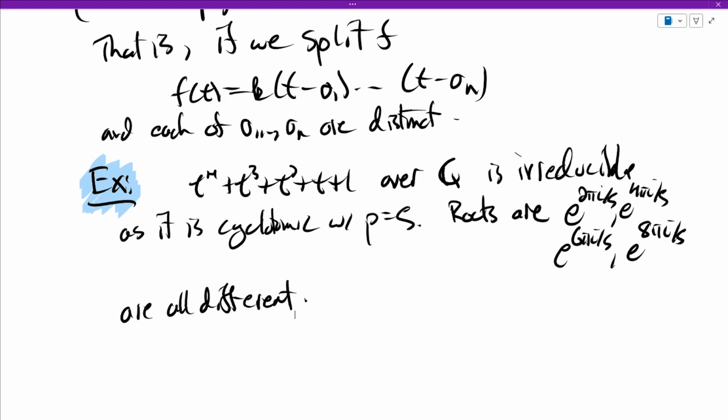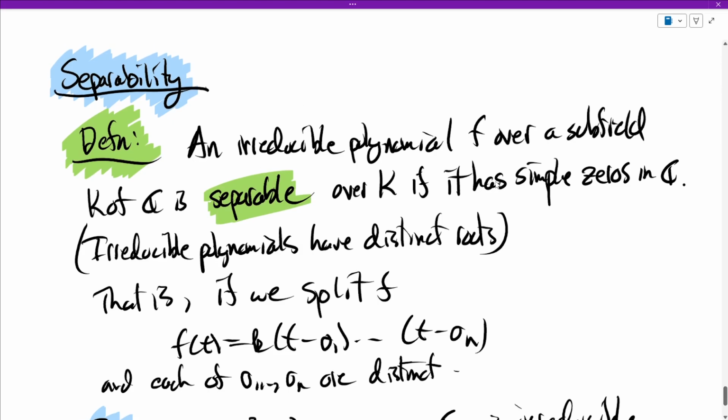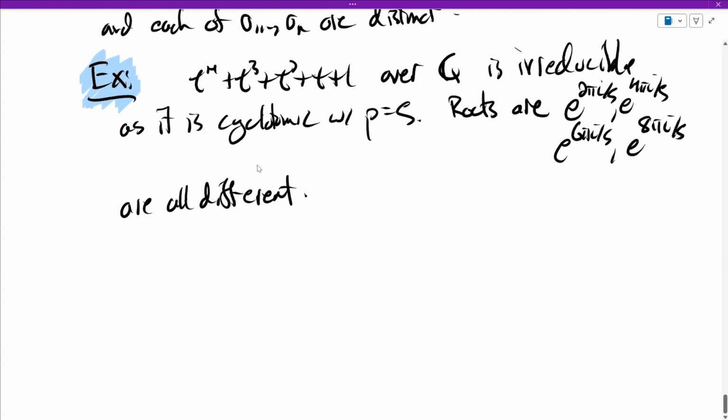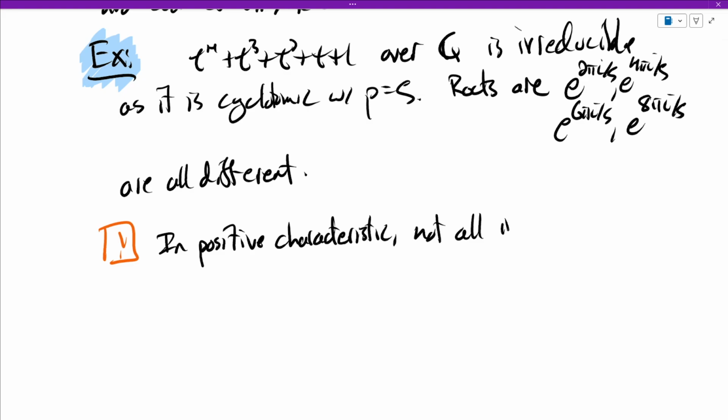But again, we're going to see in a second that all irreducible polynomials are separable, which you might say, well, Brownson, if all irreducible polynomials are separable, what is the point of this definition? Well, let me just caution you, in positive characteristic, where you can do Galois theory too, and it's really interesting, not all irreducible polynomials are separable.